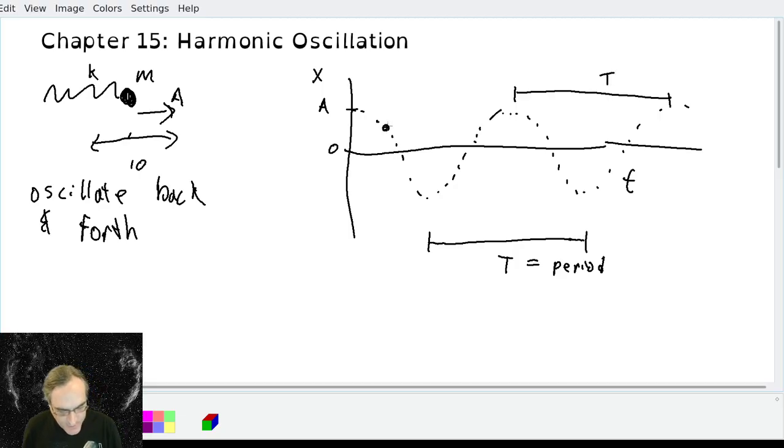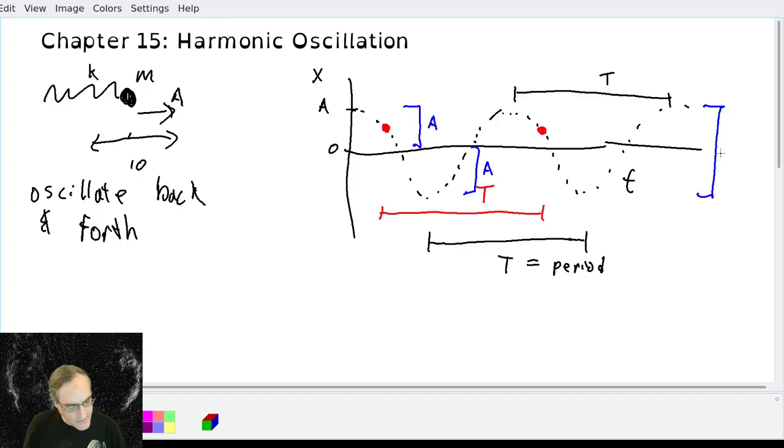But as long as we're going from an identical point to an identical point, a place where the graph is doing the same thing, this point to that point is also the period. So lots of different ways of defining the period. As far as amplitude goes, amplitude is how far you deviate away from your center point. And if you look at the whole distance, that's always going to be twice your amplitude.